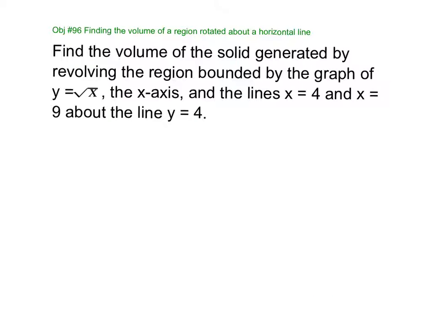All right. So we've done this problem before, but I'm changing it up because now we are rotating about the line y equals 4. Find the volume of the solid generated by revolving the region bounded by the square root of x, the x-axis, and the lines x equals 4 and x equals 9.